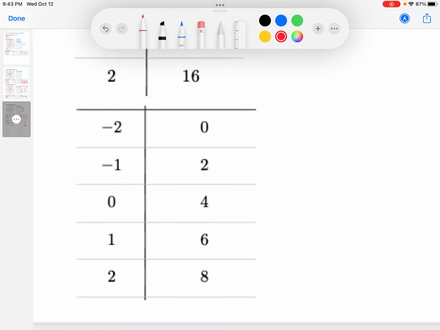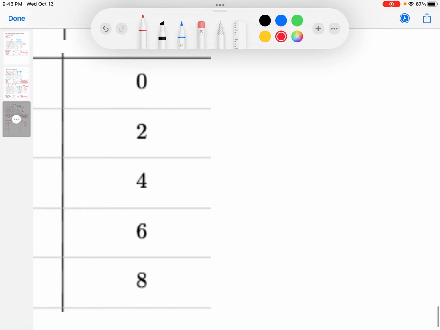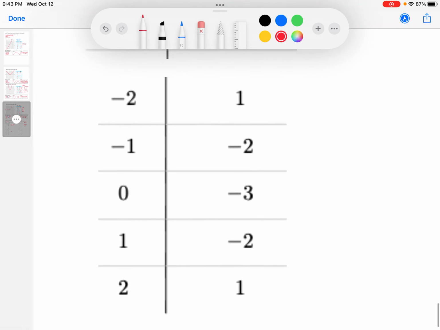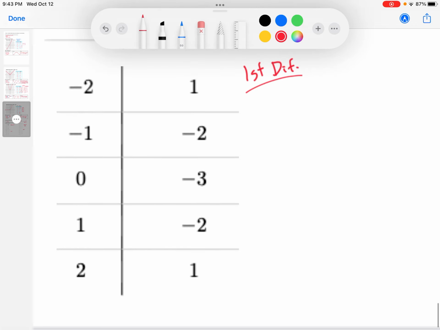All right, 2 more. This next one, let's see, 0, 2, 4, 6, 8. That looks like a common difference of 2, which means it is linear. Last one, trickiest one of all. So I don't really immediately see any pattern or common difference.